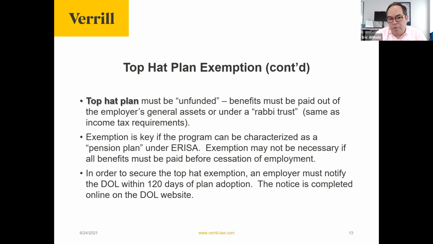The statement must be filed within 120 days of when the plan is adopted or takes effect. There's some fudge factor there, but the good news is, and this is something we see from time to time, if you have a deferred compensation plan and you intended to make it a top hat plan, but you never made the top hat statement filing, you can make a corrective filing quickly, simply and cheaply to remedy that situation.